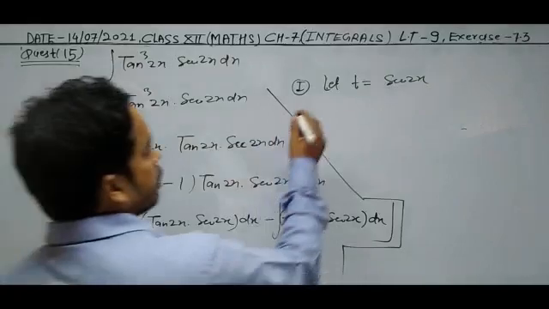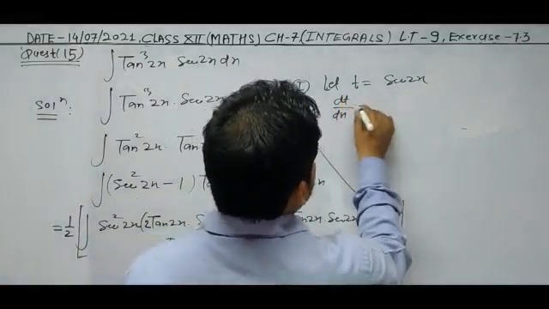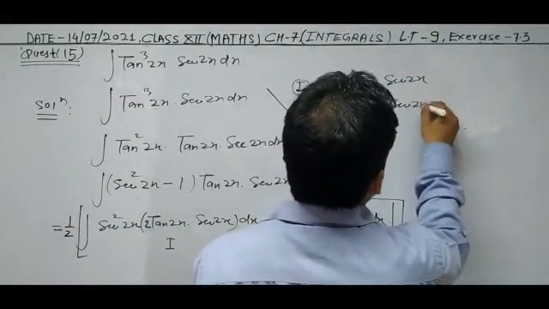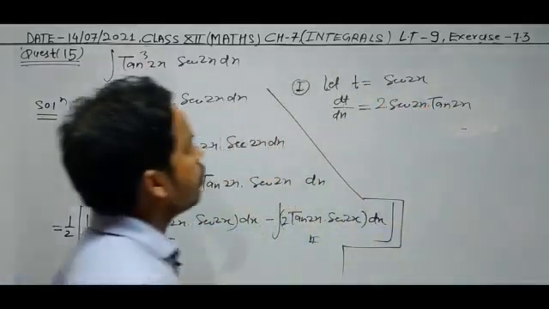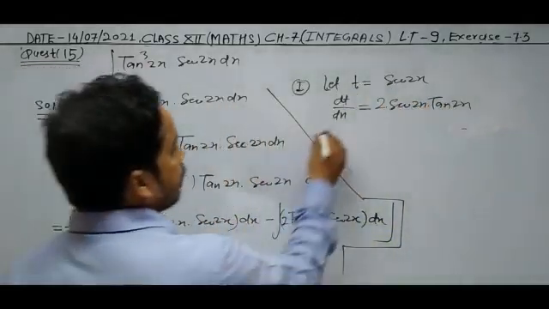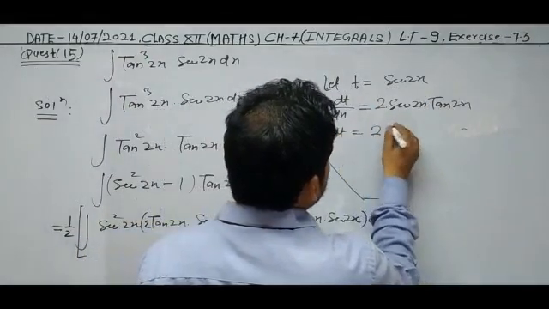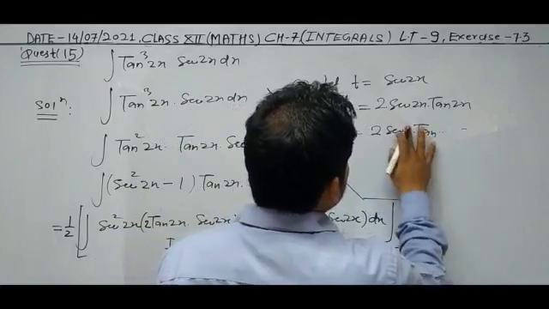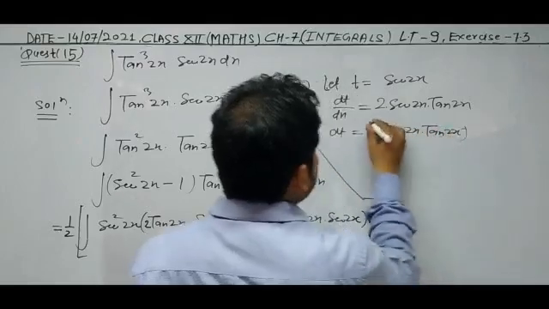Then what will be the result? dt by dx will be sec 2x into tan 2x with 2, so dt can be written as 2 times sec 2x into tan 2x dx.